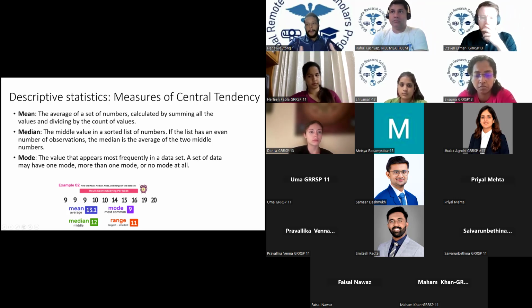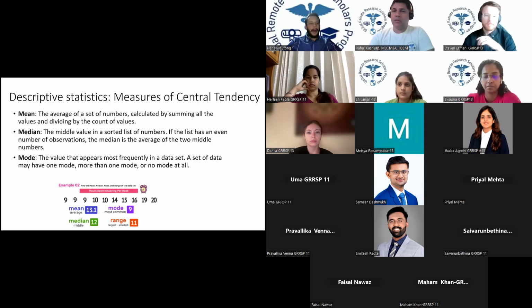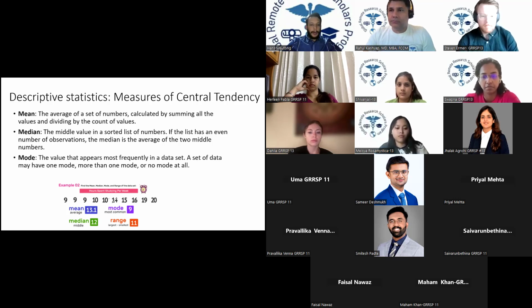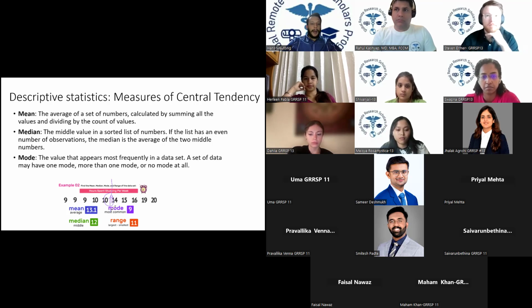So when this happens, we have to add up this number and this number, which is 24, and divide it by 2 to get 12. So that's the median. But if we actually had a number in here, let's say 11, then 11 would be the median, because this is where you divide your data in half.